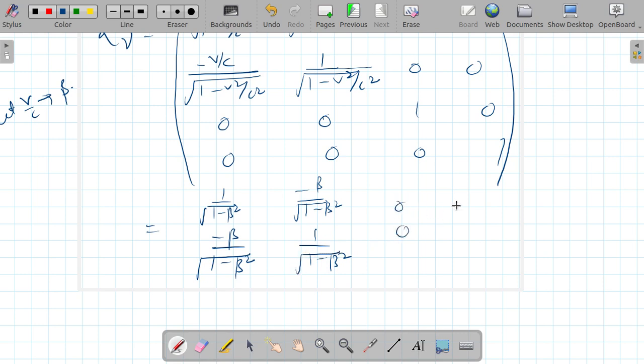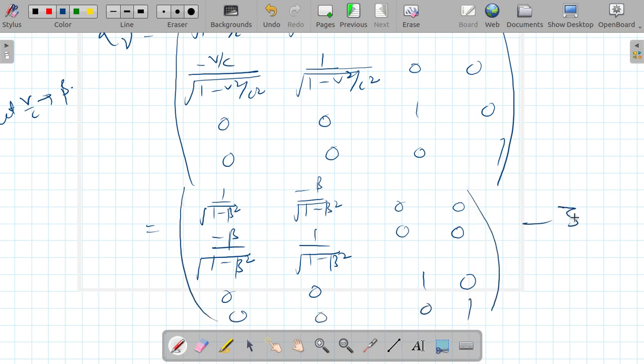Then 0, 0, 0, 0, 0, 0, 1, 0, 0, 0, 0, 1. So I can express it in this form, and let me call it equation number 37. And therefore equation number 29a can be written as follows.